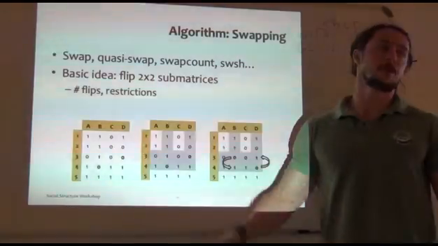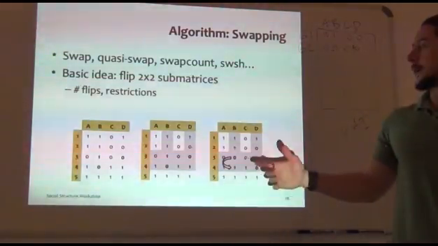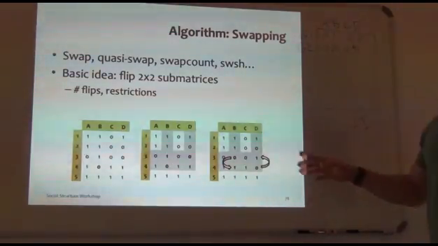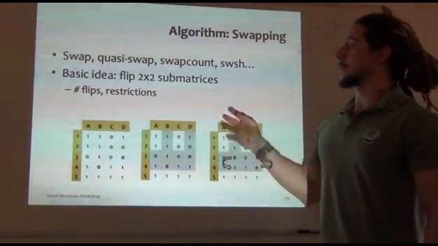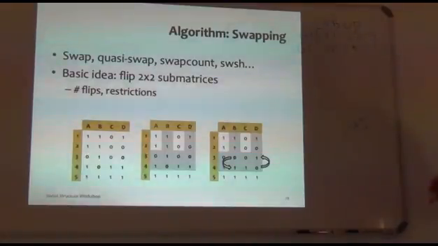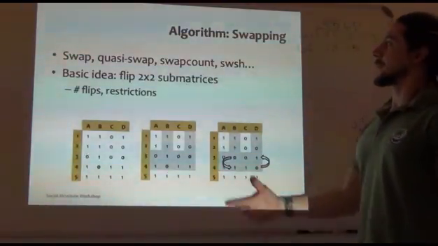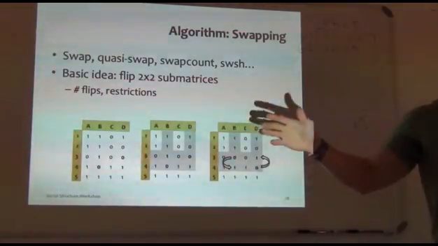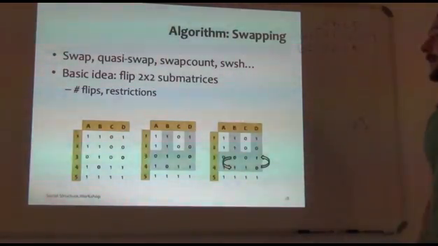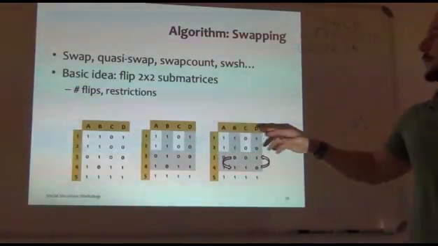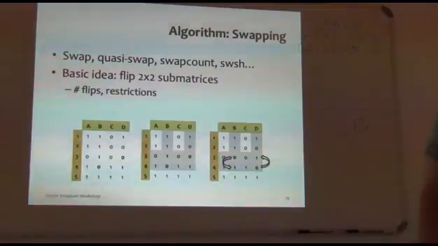And there are improvements, like increasing the number of flips to make your null matrices less non-independent. There are variations of these algorithms that we're going to see in the vegan package, but the idea is the same. And here we keep those restrictions of row sums and column sums.